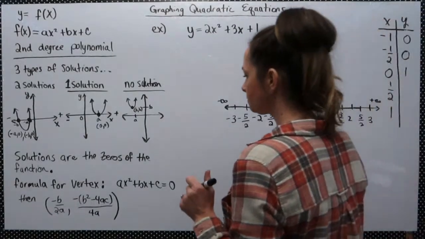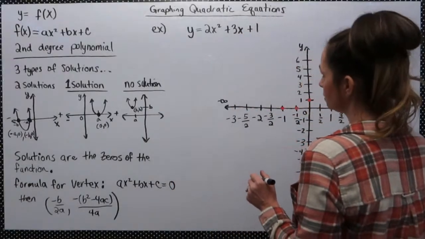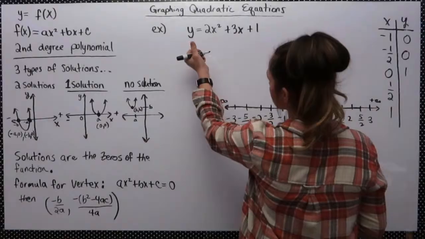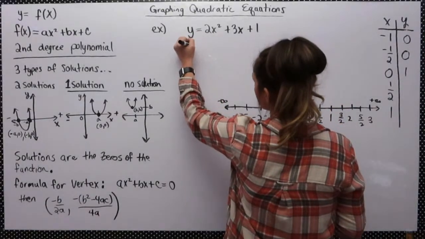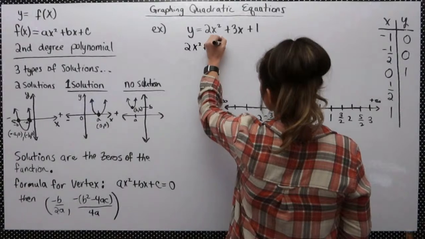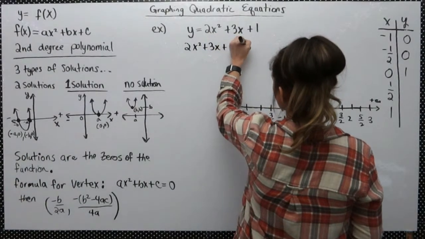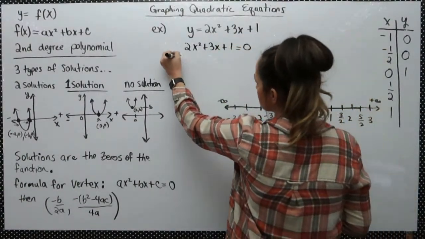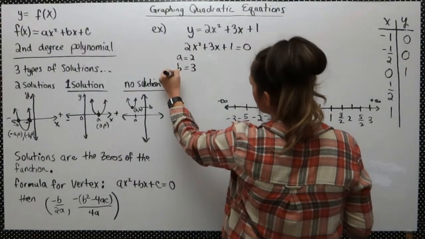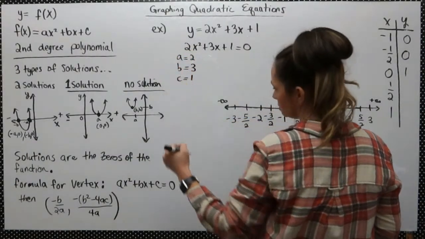Got it. So all you're doing is taking your quadratic and putting it in that form by setting it equal to 0. So you have 2x squared plus 3x plus 1 equals 0. So you just say a is 2, b is 3, and c equals 1.